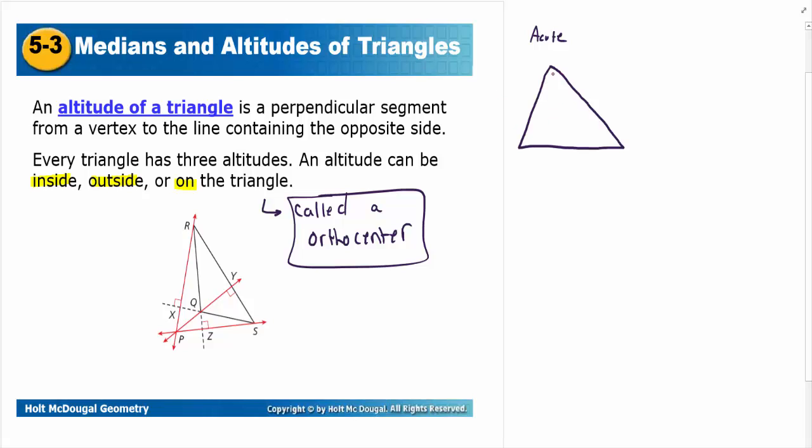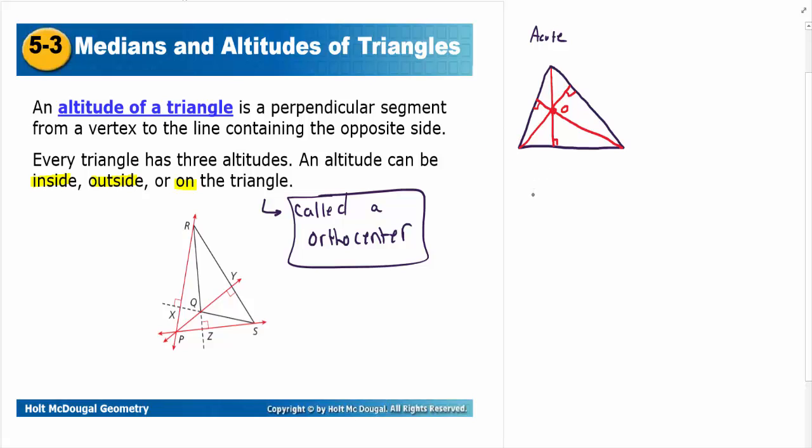Well, if we do acute triangles for our altitudes, so if I construct the altitudes, what's happening here is I'm going to draw 3 segments that go from a vertex and form a right angle with my opposite side. If it's an acute triangle, this is the orthocenter. I'll call it O for the orthocenter, inside my triangle.